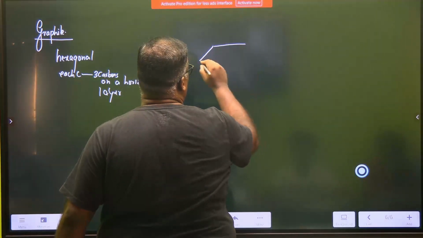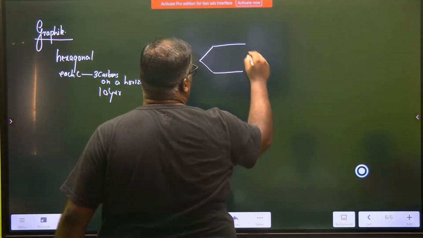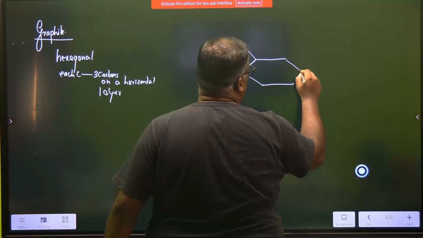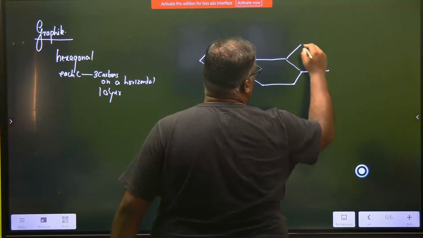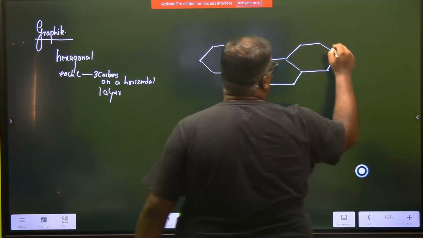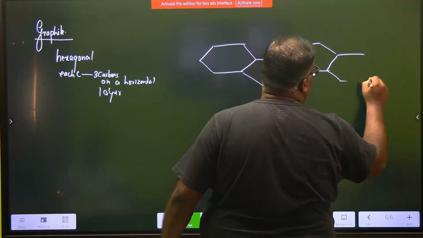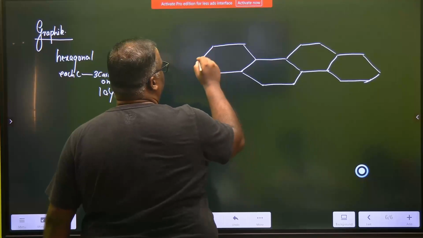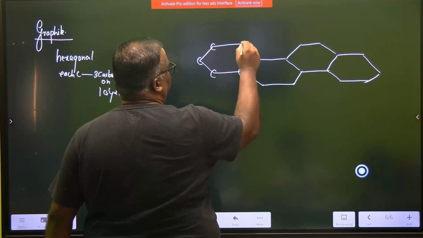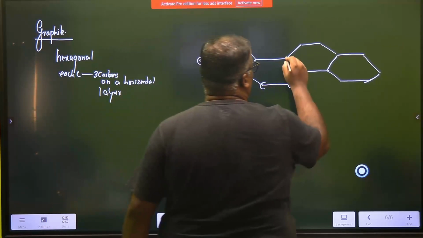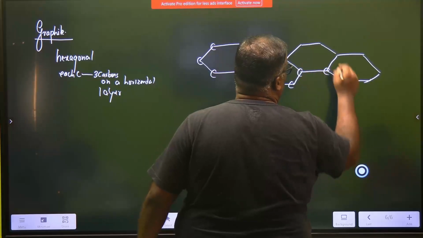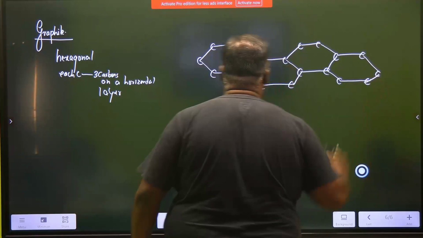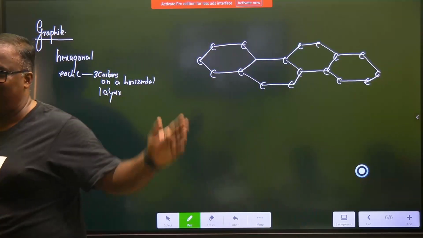This is the structure of graphite. Like, let's say this is the structure. So I've got carbon, carbon, carbon, carbon, carbon, carbon.